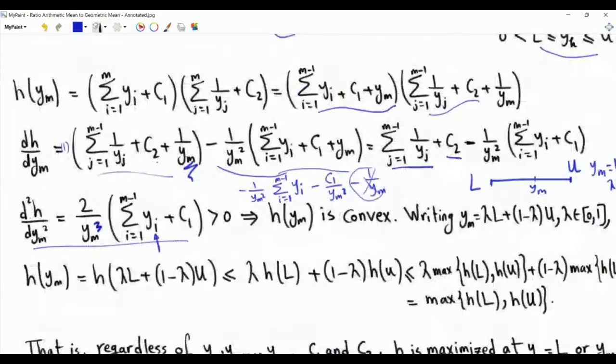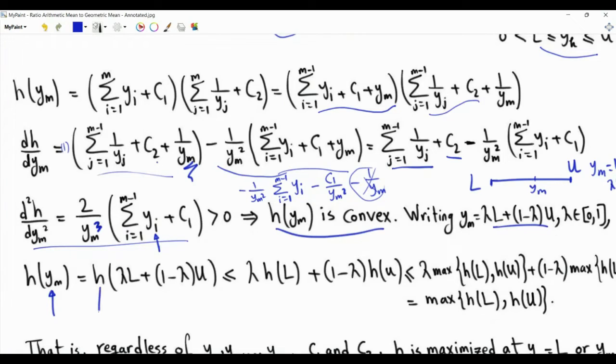Now, the value of the function at ym is the value of the function at this convex combination, lambda L plus 1 minus lambda U, where lambda takes a value that depends on ym. Now we have shown that the function is a convex function.